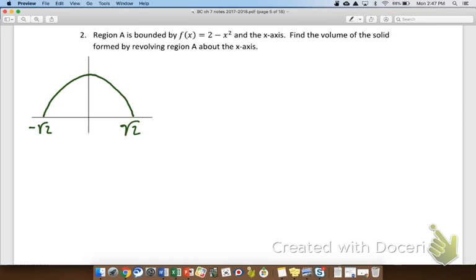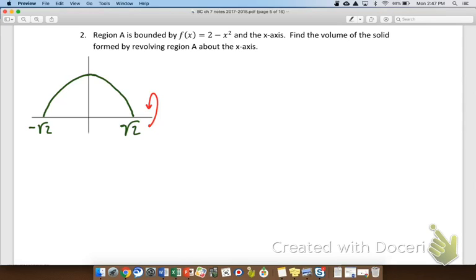So, Nick, let's talk about some strategies, and let's talk about how the numbers all work. I usually make a note like this, that the axis of rotation is the x-axis. I don't know how you guys are visualizing this.